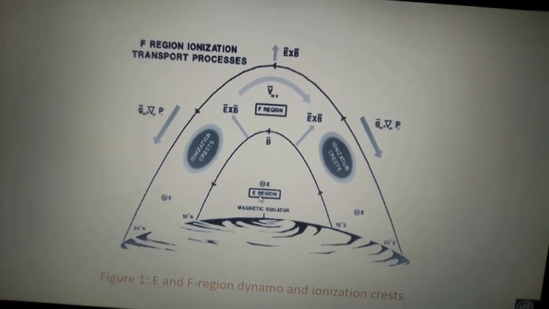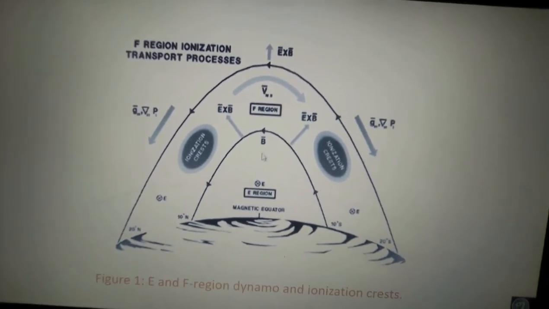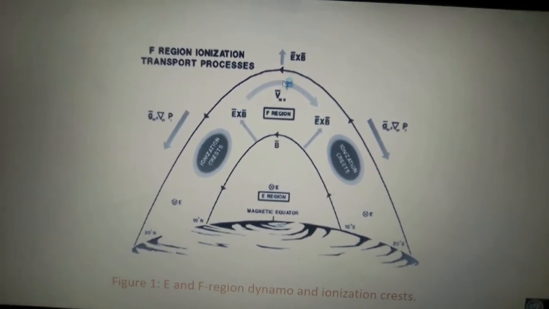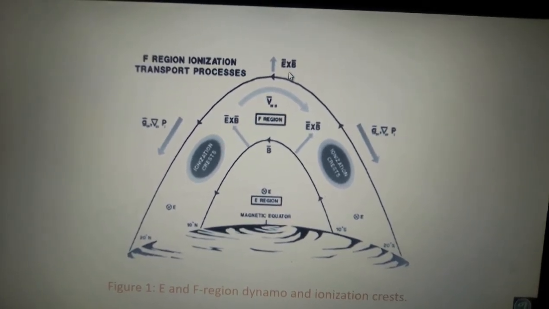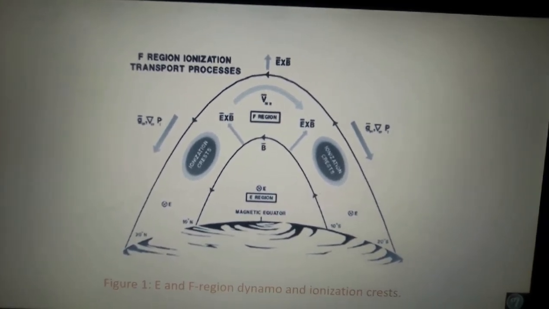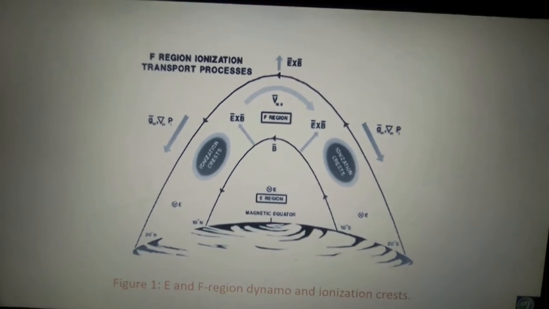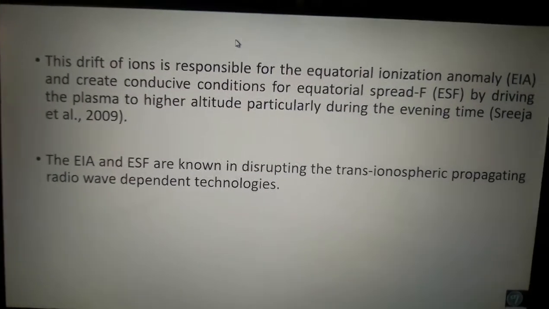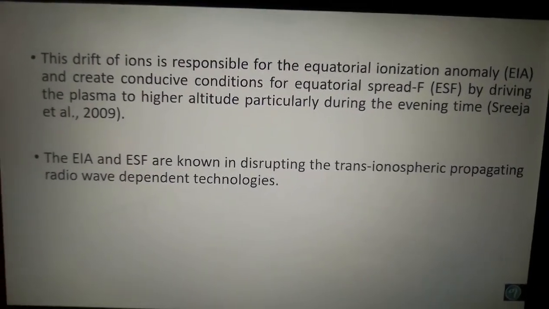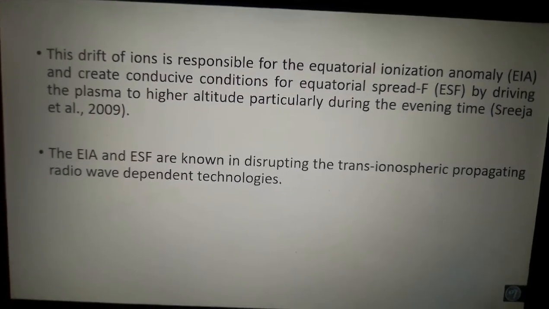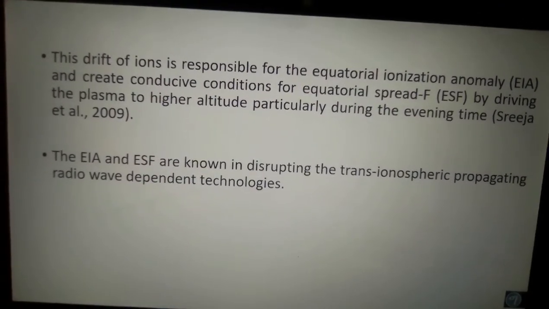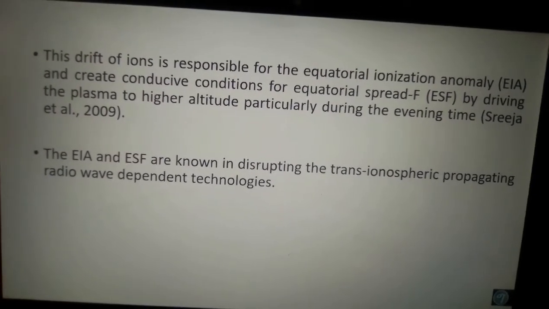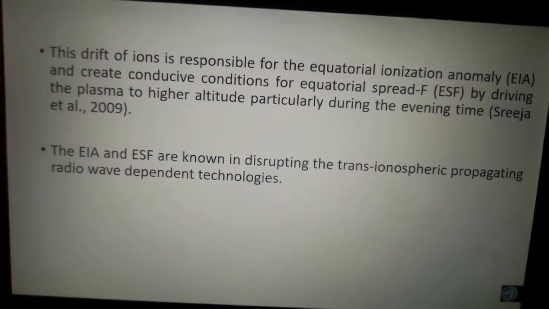The electric field produced due to the E region dynamo maps through these equipotential field lines and interacts with the magnetic field and produces what we call the ion drift, vertical drift or zonal drift. It depends on the electric field produced. The drift is responsible for the equatorial ionization anomaly, EIA, and creates conducive conditions for equatorial spread F, ESF, by driving the plasma to higher altitude, particularly during the evening time.